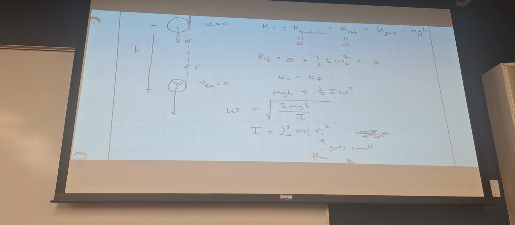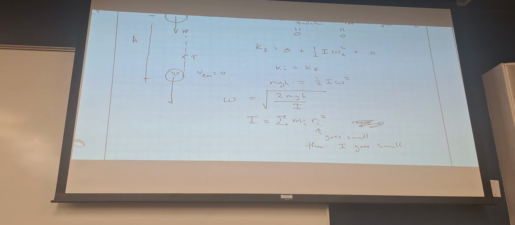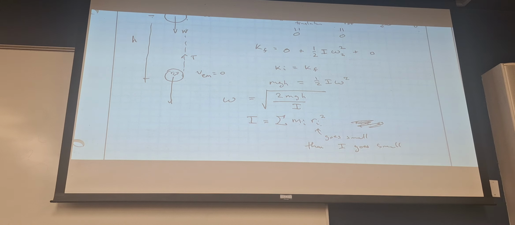So the more something shrinks in size, the smaller its inertia gets, assuming the mass doesn't change. So the mass is the same, but the object itself is shrinking, it's making itself smaller, right?